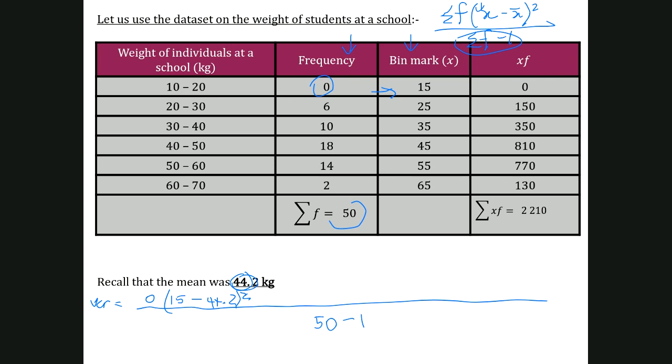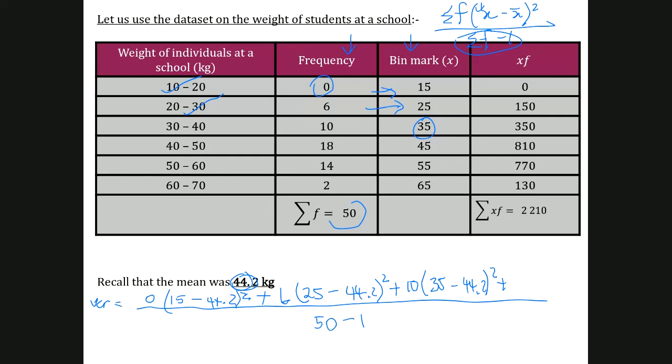Now this is where the sum comes in. It means you add on the exact same idea for the next interval. For the next interval, the frequency is 6, its midpoint is 25, minus the mean of 44.2, squared, plus the next one.